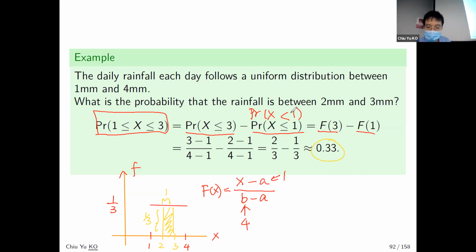Someone mentioned the typo here. Thank you, the ground is right. Thank you.